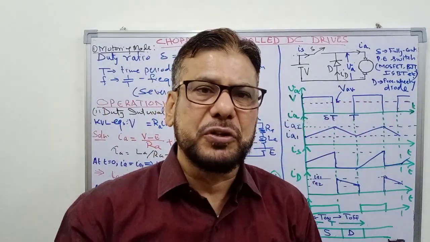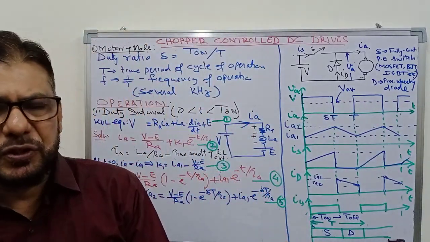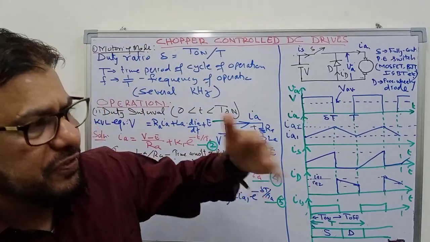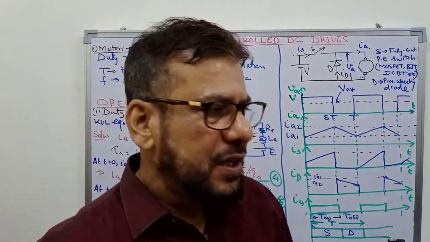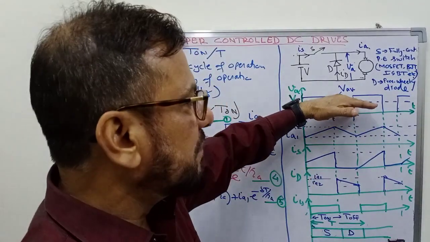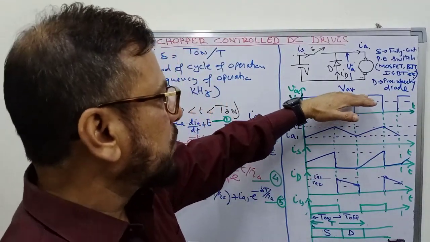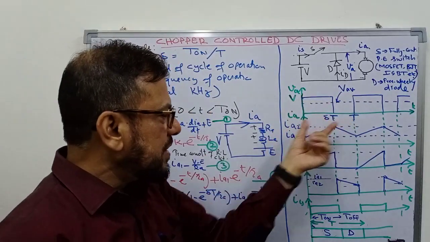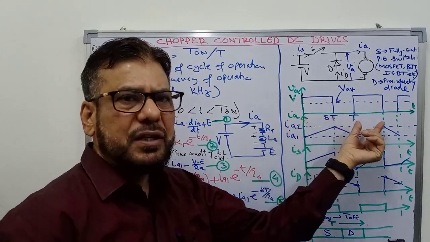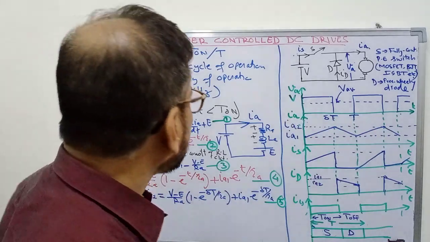You know that the speed of the motor depends on the average value of the voltage across it. So the motor will achieve a certain speed depending on the value of V average, and this V average of course depends on the ratio of on period and off period of the switch.